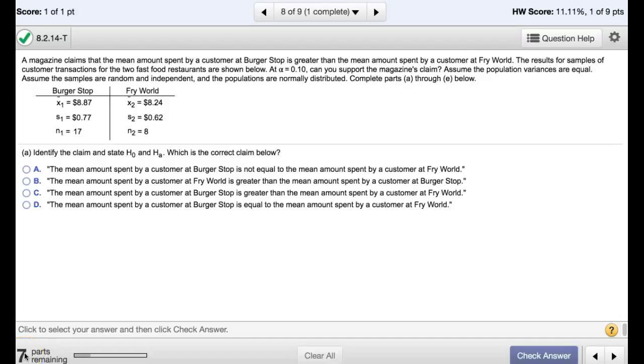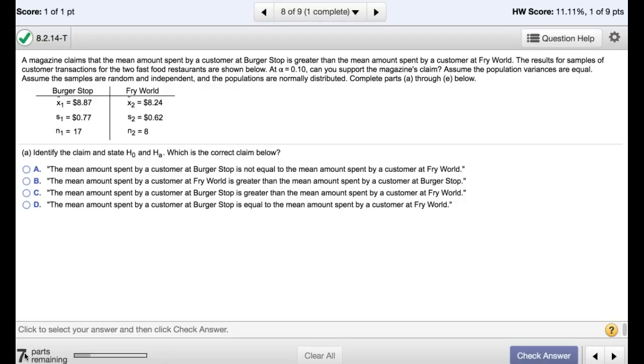This video is an example of how we use statistical tests such as the hypothesis test in order to support or reject claims made from a statistical study. In this example, we have two fast food restaurants, Burger Stop and Fry World, and the claim is that the mean amount spent at Burger Stop is greater than the amount spent at Fry World.